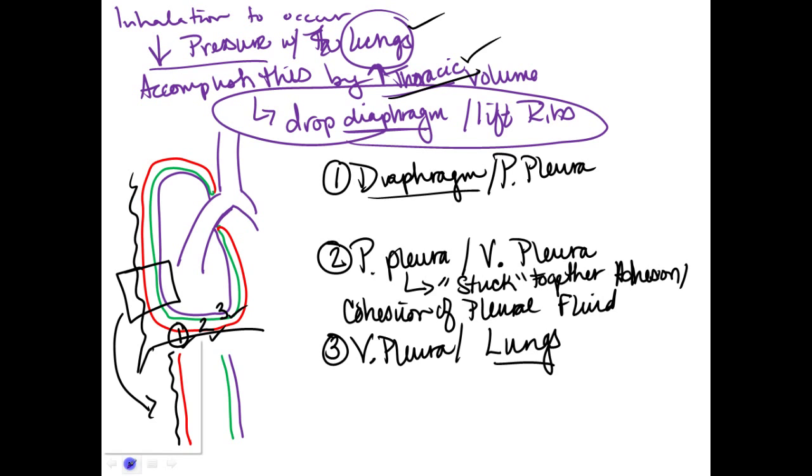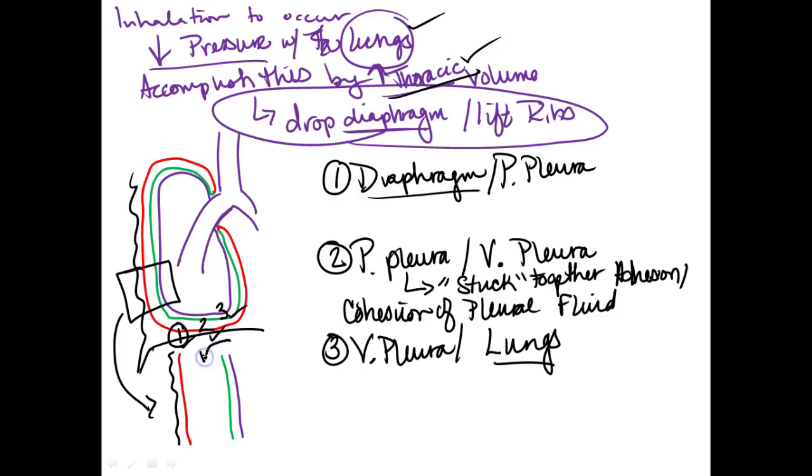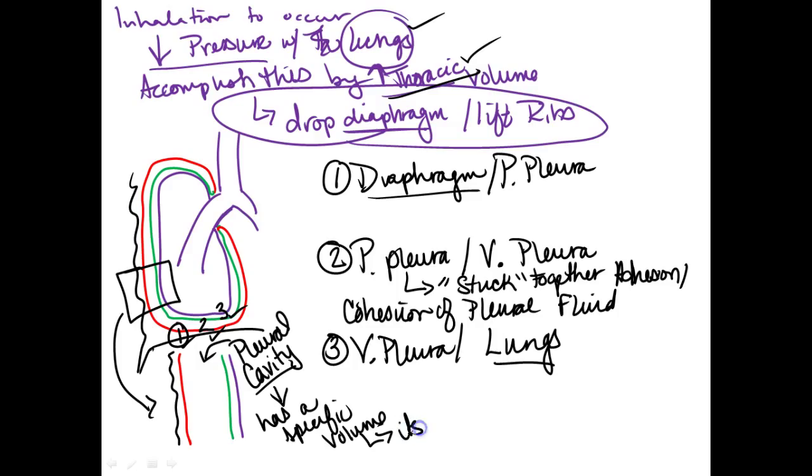Now, what we then find between all of this, as we saw earlier, is our pleural cavity. Now, this pleural cavity has its own specific volume measurement. And since it's a confined space, it also has its associated pressure.